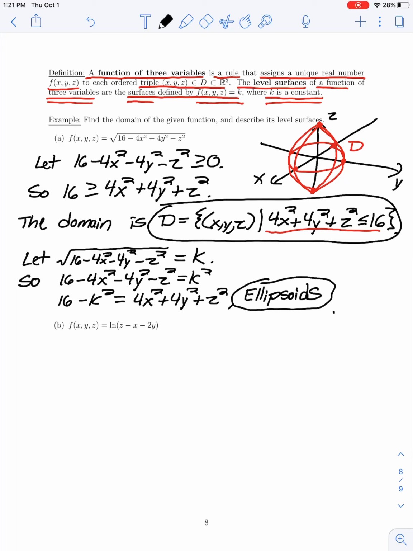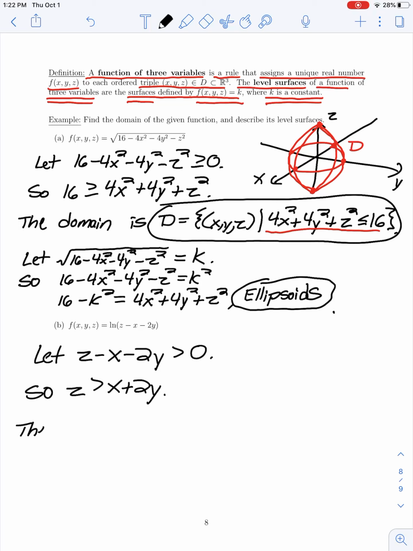Now for part B, to determine the domain of this function, which is the natural log of some polynomial of 3 variables, we need the argument of this logarithm, z minus x minus 2y, to be strictly greater than 0. And rearranging this a little bit, we could rewrite this as z has to be greater than x plus 2y, which represents the region above some plane in space.